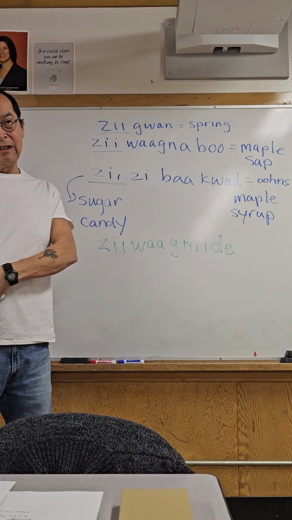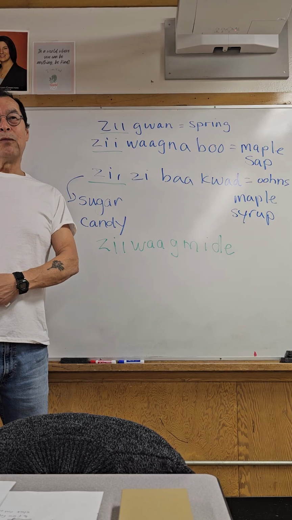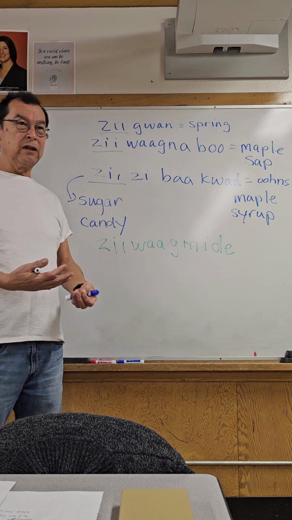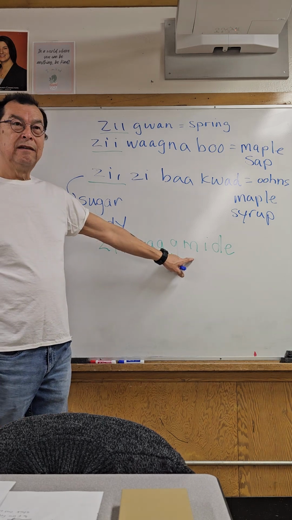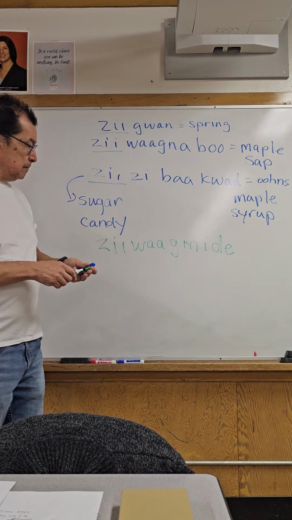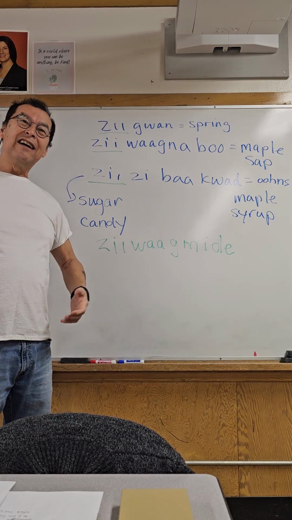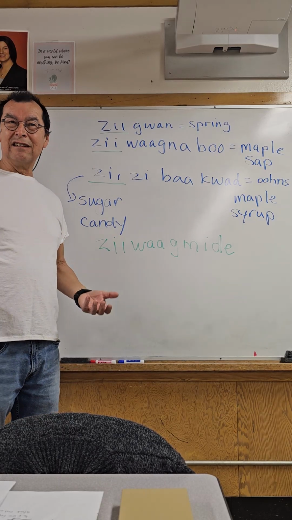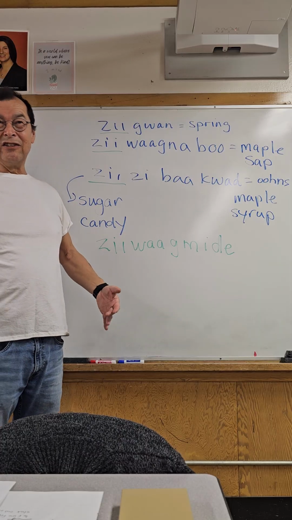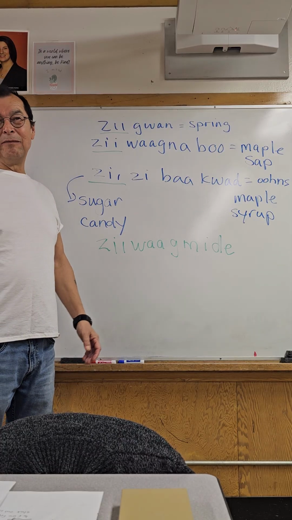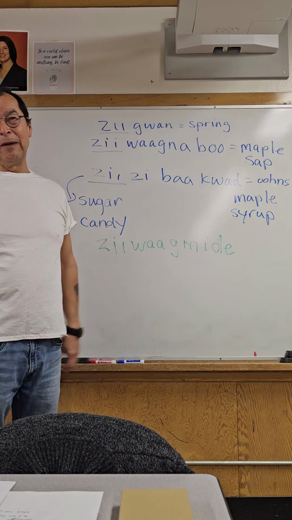You would take the fat from the liver, right? That was the most prized part, the mide. I don't know if that's a connection or not. It could be Midewin. It's possible. I'm not sure.